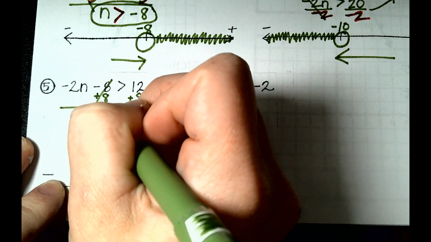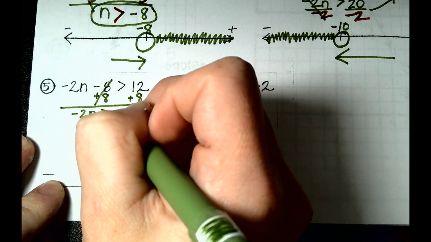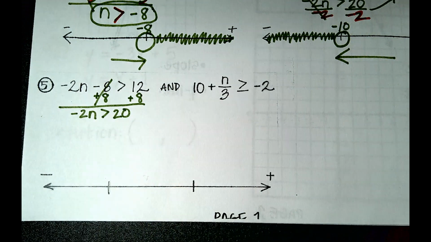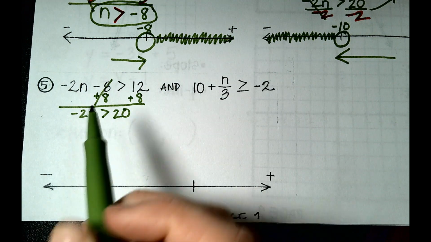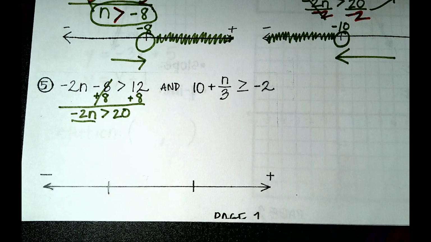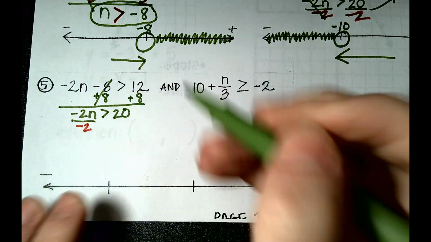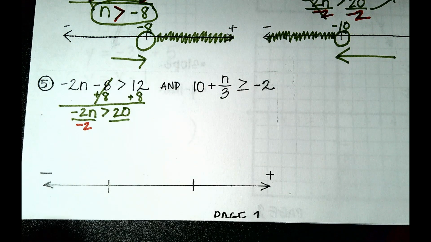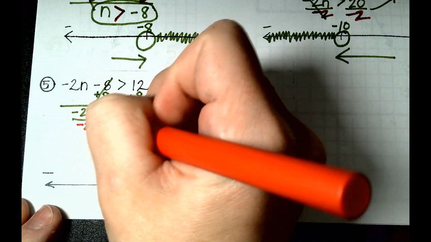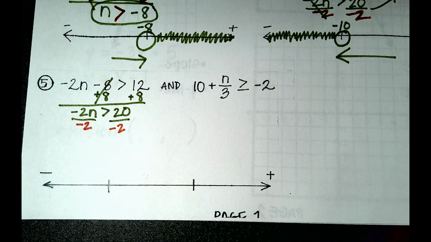-2n. Good. 20. Okay, we're dividing by a negative. Yes. We divide by -2. Good.